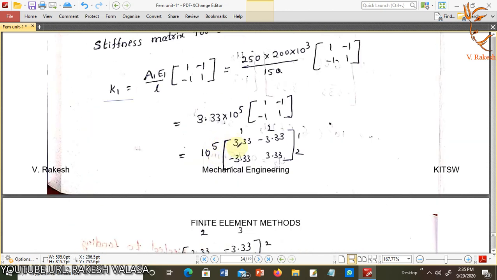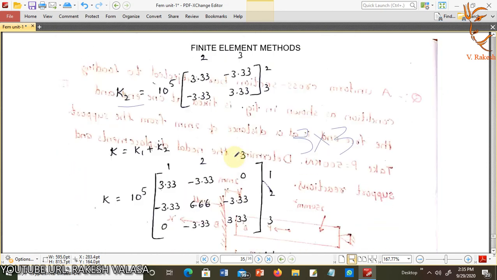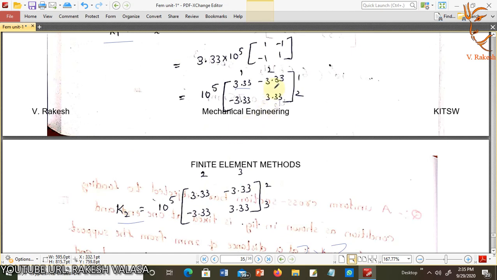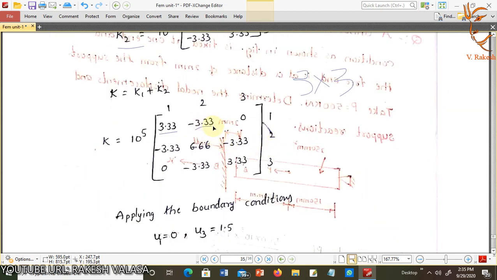From K1, this is the first row first column element, you write here 3.33. This is the first row and second element, from K1, that is minus 3.33. There is no 3 1 position, so you can write 0. Similarly, this is the 1 2, 2 2, this is the 3 2, this is the 1 3, this is the 2 3, this is the 3 3.